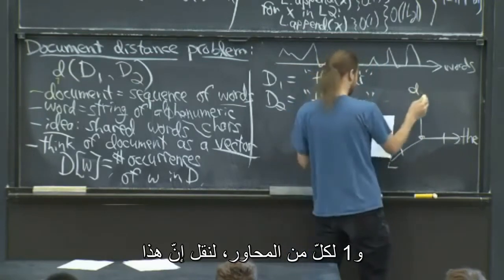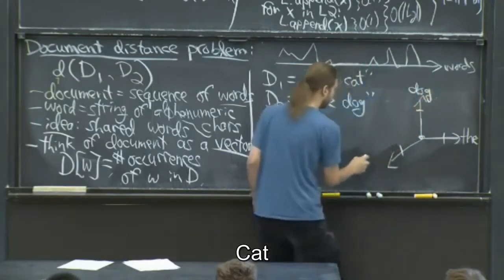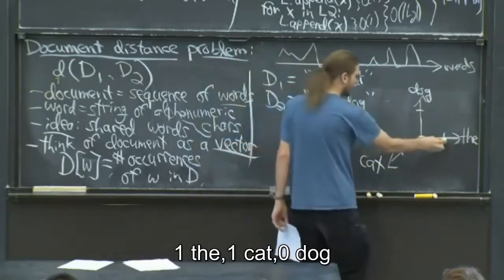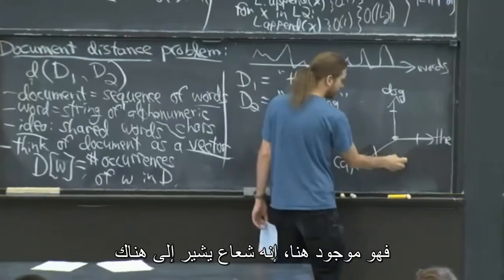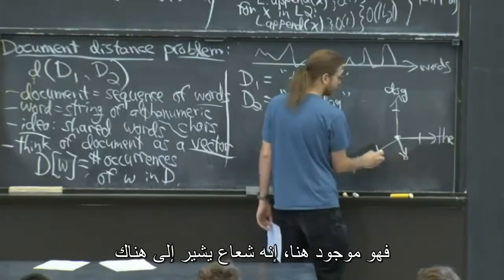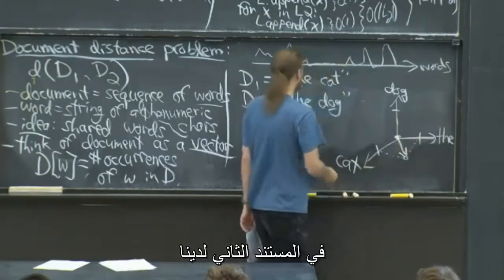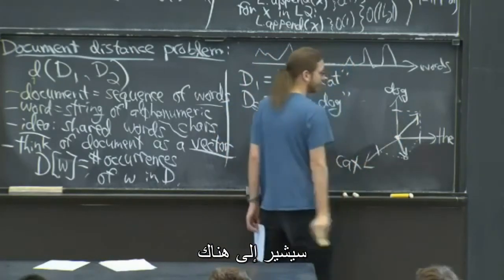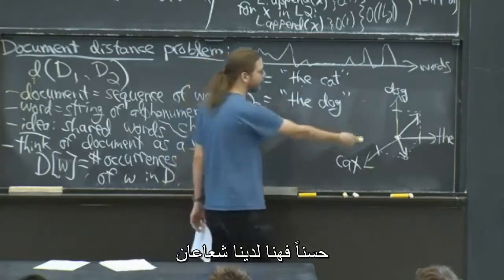Let's say this is dog, and this is cat. The cat document has 1 cat and no dog, so it's a vector pointing there. The dog document is basically pointing there. So these are 2 vectors.